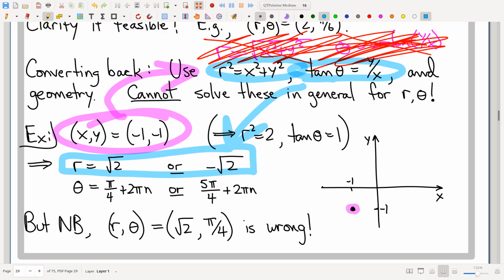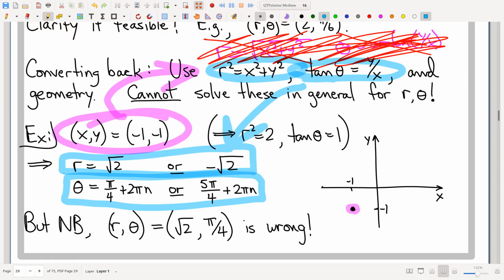And then likewise, a bunch of different possible values for theta. Theta does not have to be the arctan. A bunch of different options, a bunch of different possibilities. So once you have that written down, now here enters the geometry. You just have to think about which quadrant you are in. That's really all it boils down to.